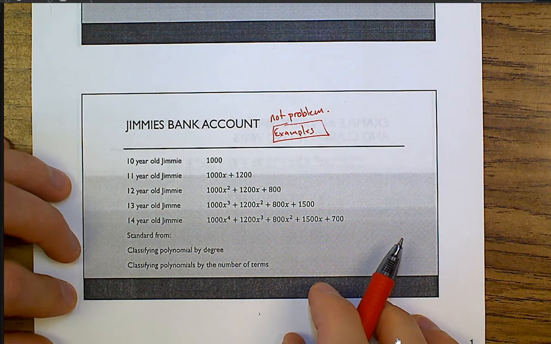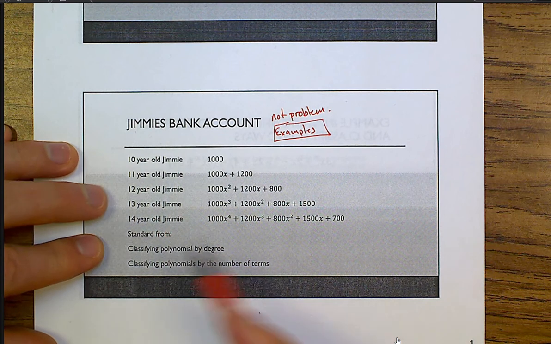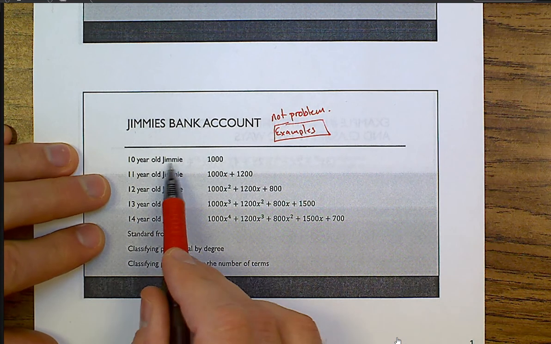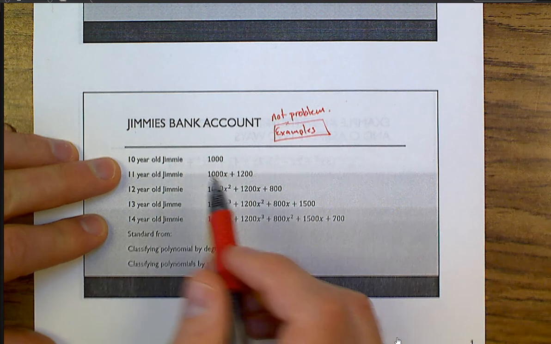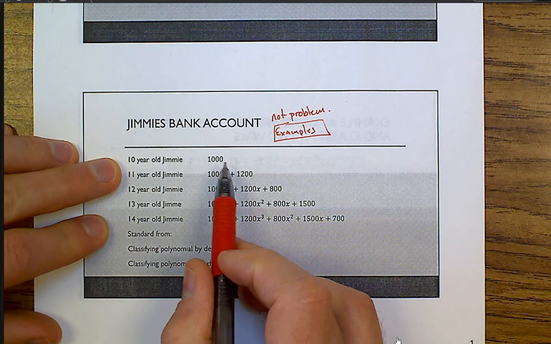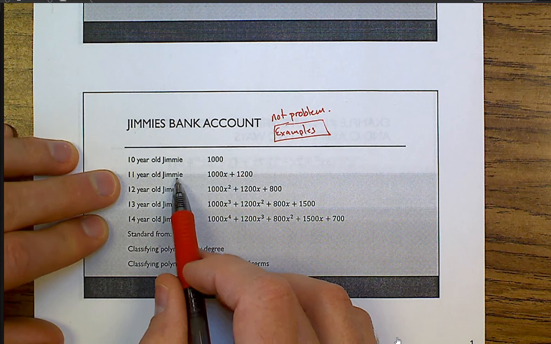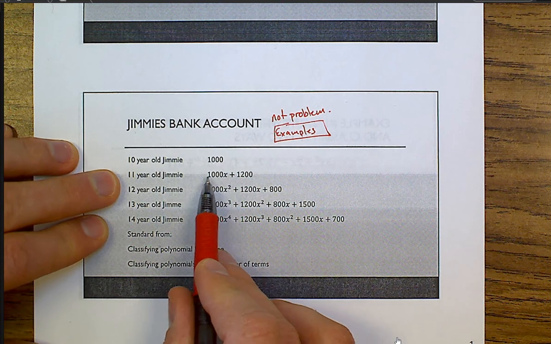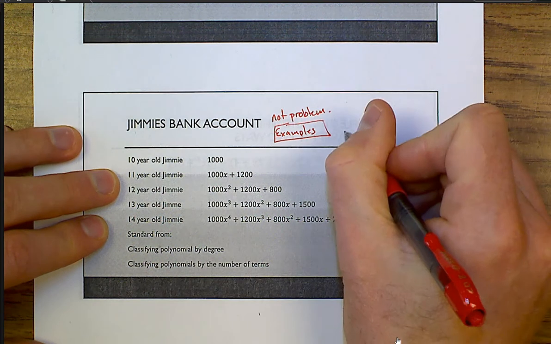So basically what we have here is, and I'll explain it, you have Jimmy, and he's 10 years old, and his parents give him $1,000, okay? And he's going to plop that into a savings account. And after 1 year, what this represents is the $1,000 gets multiplied by X. Now that X is representing like a percentage.